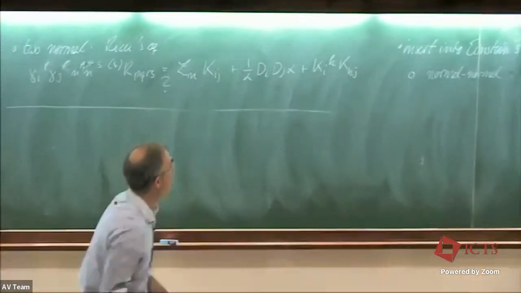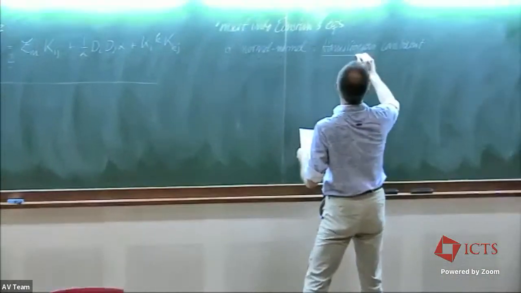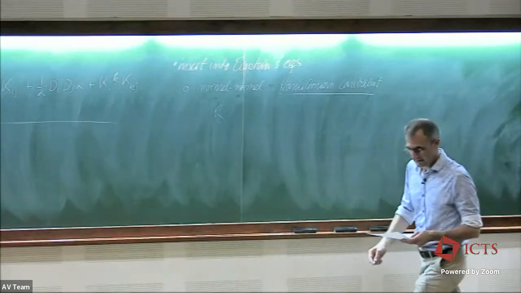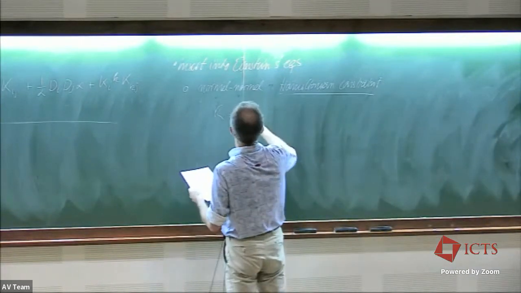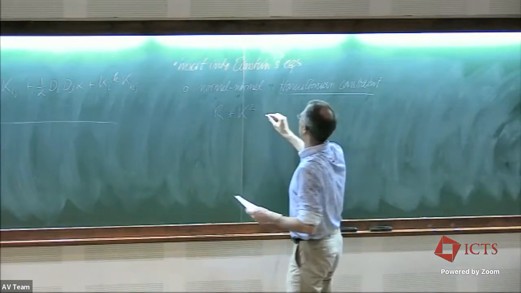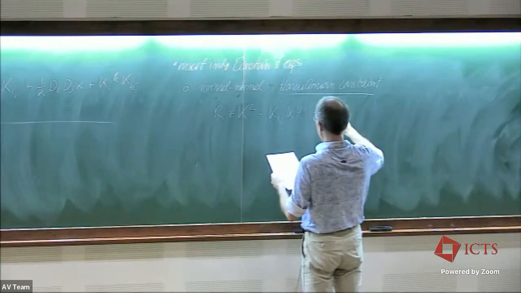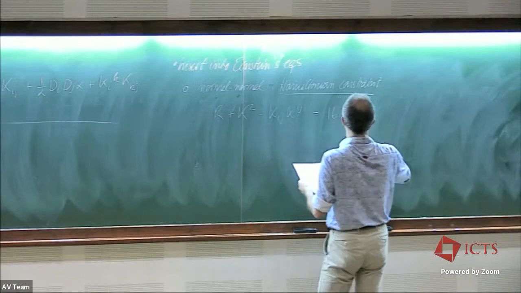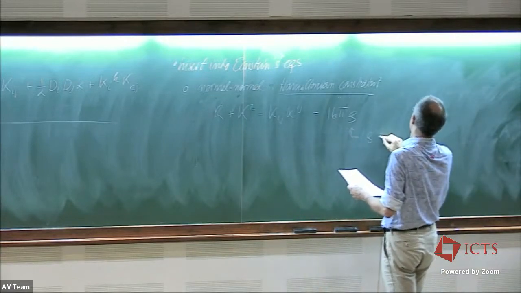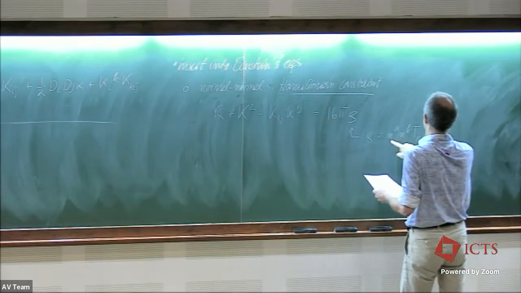Okay. All right, but now if we take the normal projection of Einstein's equations, we get the Hamiltonian constraint, which we can write down as the trace of the spatial Ricci tensor plus the square of the trace of the extrinsic curvature, which sometimes we call the mean curvature, minus K_ij K^ij equals 16 pi rho, where by this rho we now mean the contraction of the stress energy tensor with a normal vector.